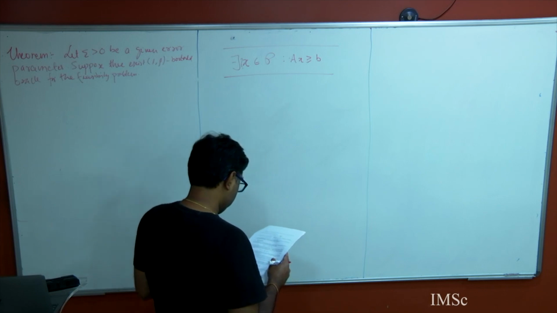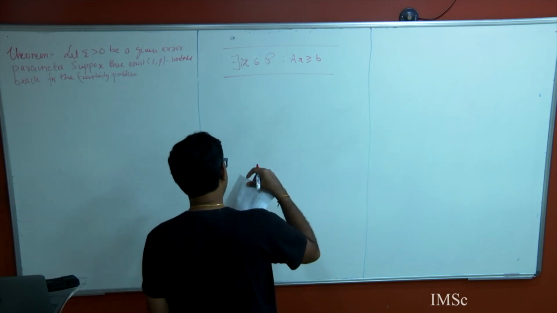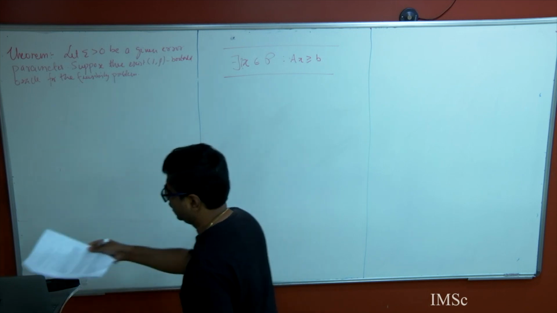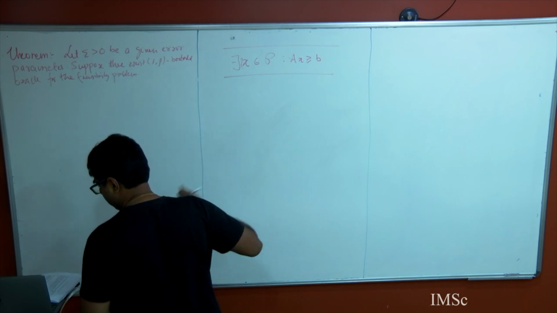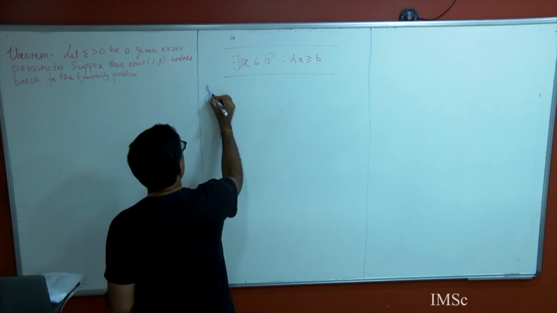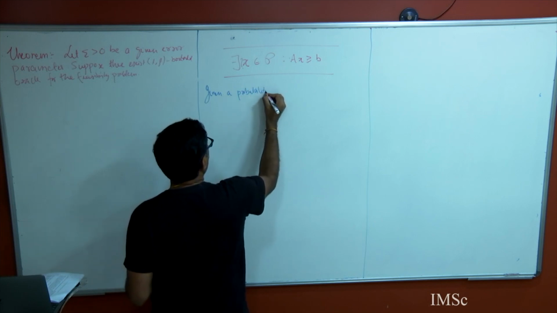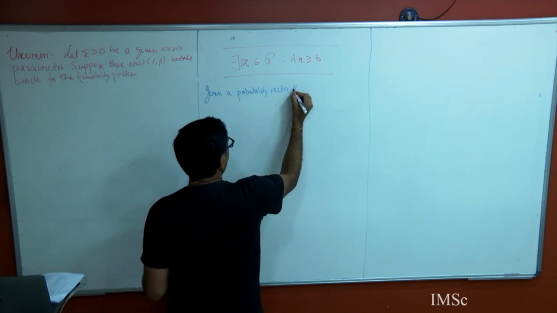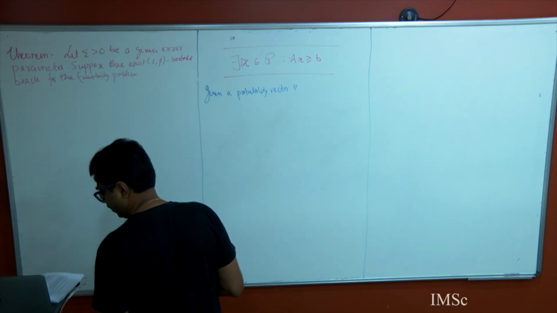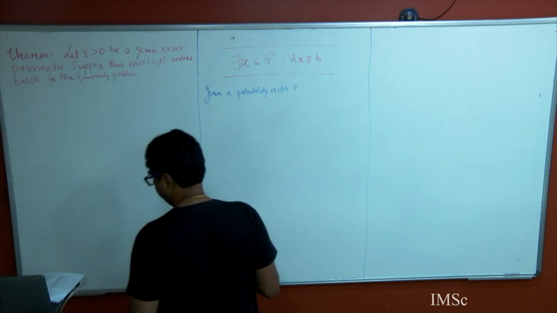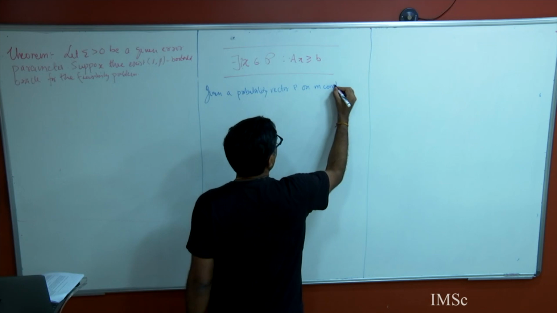And what is the oracle we are talking about? The oracle is that you are given a probability vector p over your constraints, on m constraints.